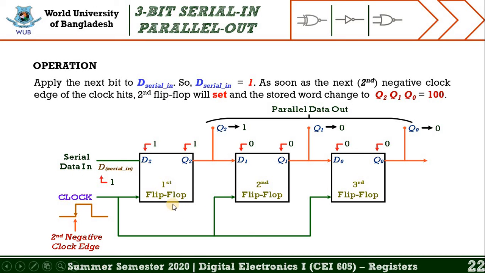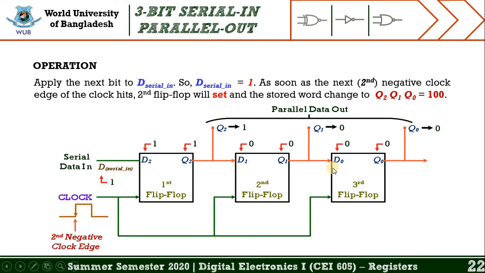And since the second negative clock edge is applied at the clock, the second flip-flop is in set condition. In that case, it holds the previous value, and the third flip-flop also consumes the previous state value, which is the value of D1 equal to 0, the value of Q1 equal to 0, and the value of D0 equal to 0, and the value of Q0 also 0.